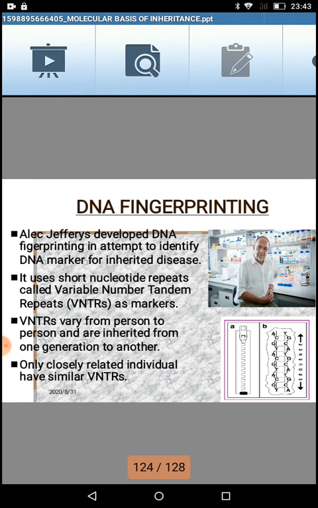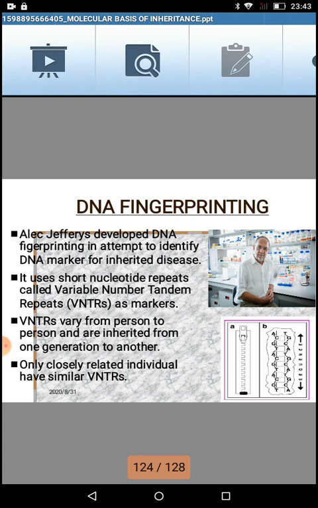Keeping all these three criteria in mind, the satellite DNA is classified as mini satellites and macro satellites, and these mini satellites are termed VNTRs, which we are talking about, that is again variable number tandem repeats. So they actually help in the fingerprinting process.